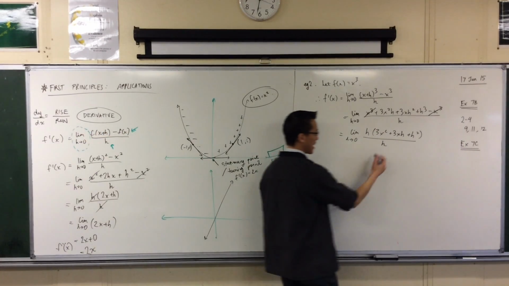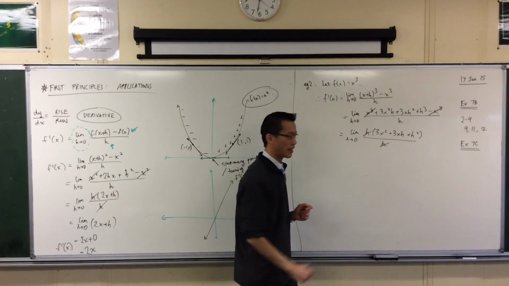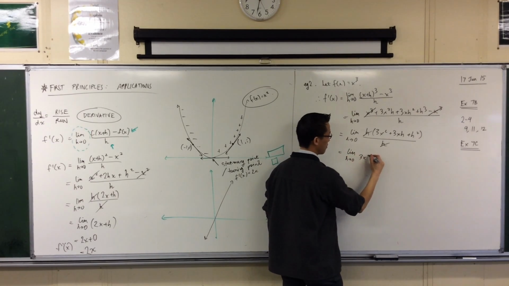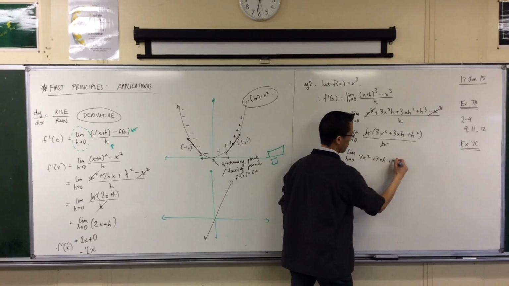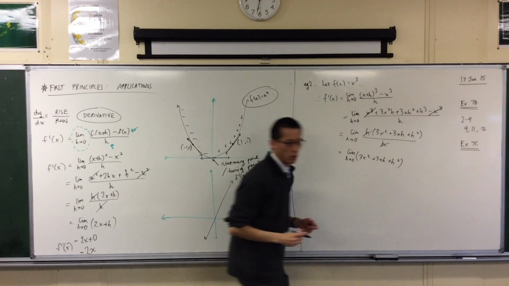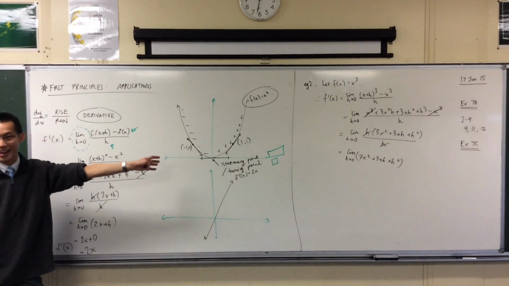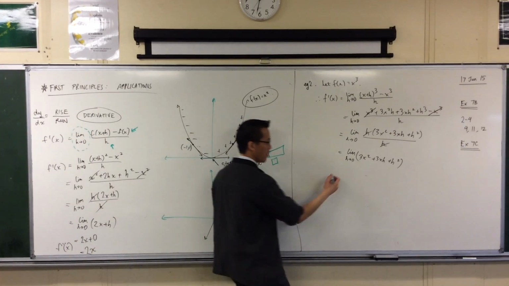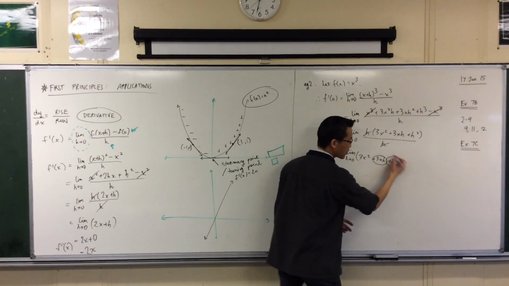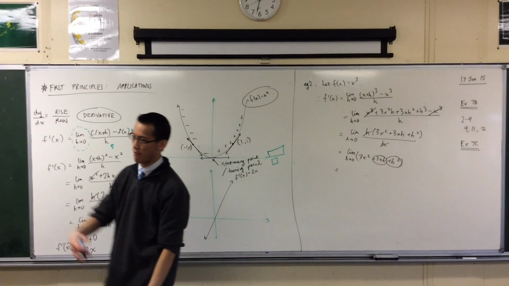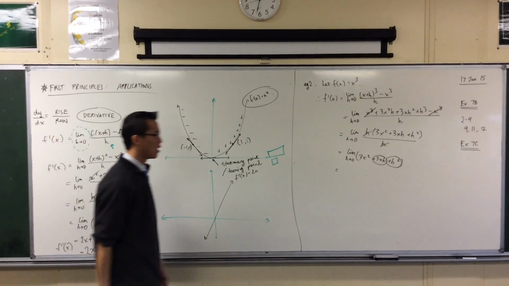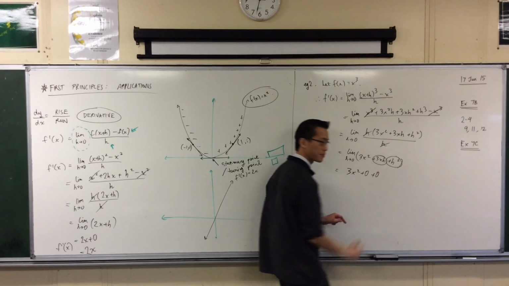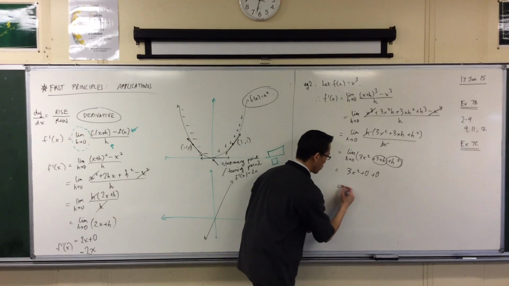Now we can cancel just like we did earlier, and all you get left with is this. No denominator. So now I can put in h going to 0, and all of these terms, because they have h's in them, vanish away. They become trivial. So all you get left with is these terms, which of course is 3x squared.